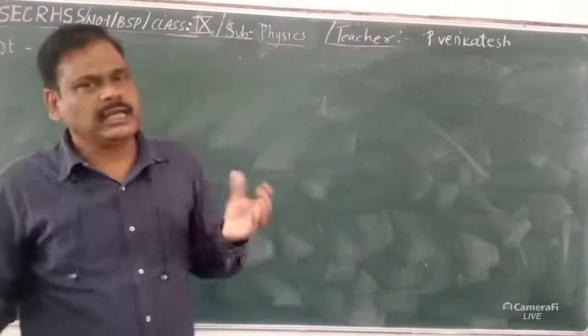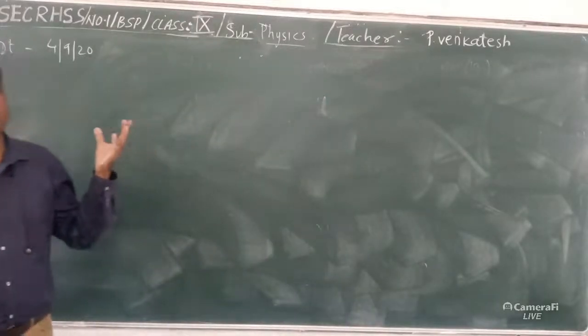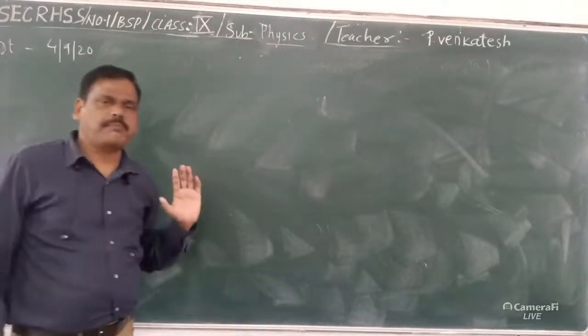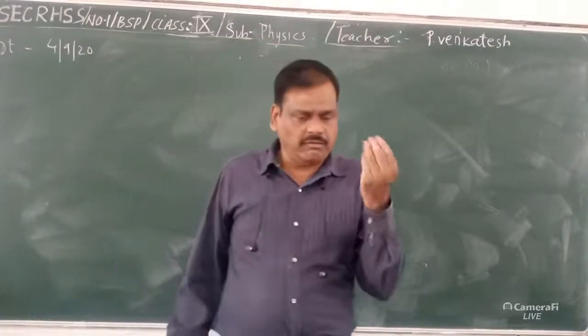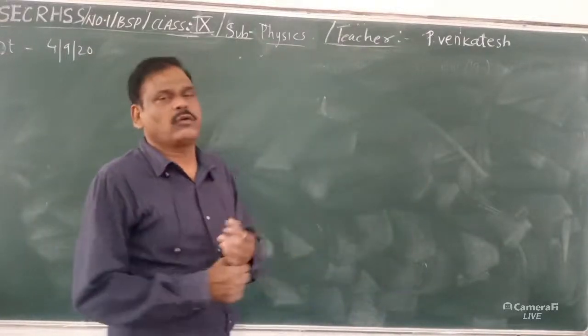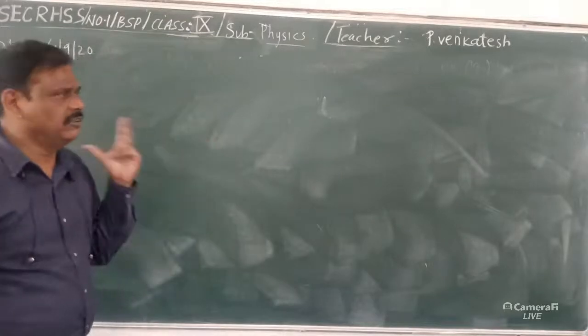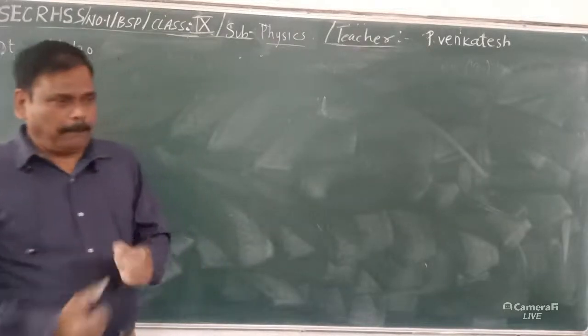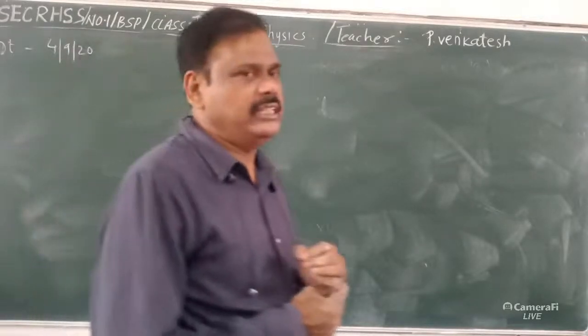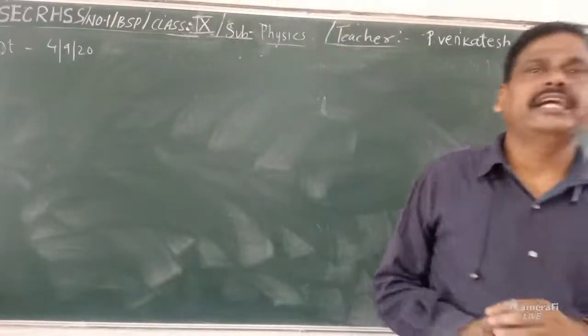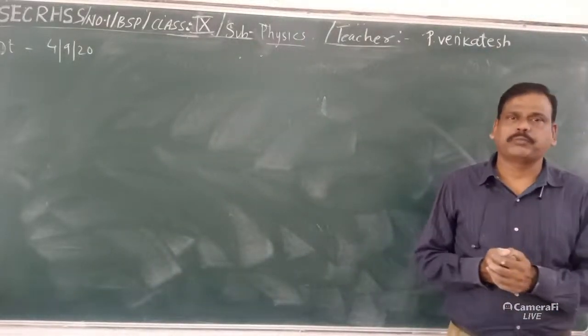Everywhere means यहाँ पर हो या मून पर जाओ, anywhere in the universe, it will be constant. The value of G will be constant. But the value of small g, acceleration due to gravity, it varies from place to place. Okay?